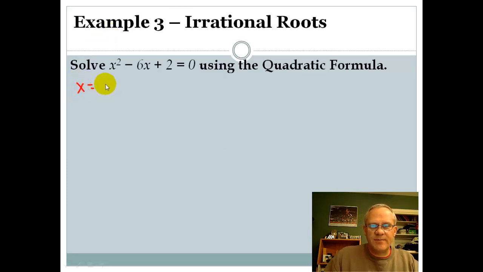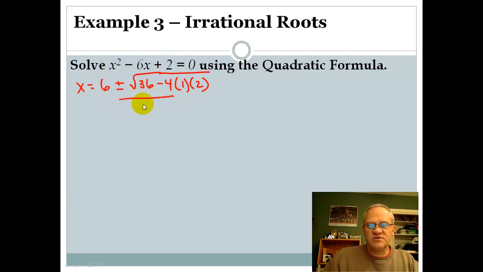So here's what we've got. X is equal to the opposite of b. So it's -6 here. So that means the opposite of that is going to be +6. Plus or minus the square root of b squared. So that's -6 squared, which is 36, minus 4 times a, 1 times c, 2. Again, I'm getting those numbers from these right here. All over 2 times 1, which is just 2.